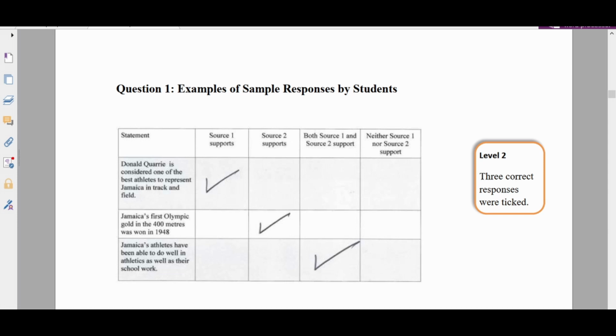Now both source 1 and 2 support this, because it talks about in source 1 that Donald Quarry doing well at this university there, and the source goes on to say that many other Jamaican athletes, you can find pictures of them in different universities. That means that they would have been doing well at sports, and also at the same time being able to do well in their academics.